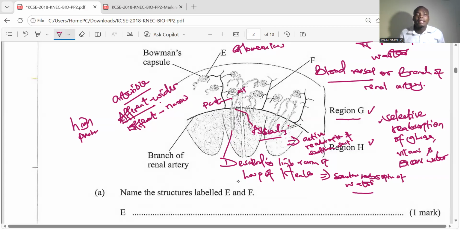So those are generally what is going to happen within this mammalian kidney. And then we have the collecting duct here at this region H. This collecting duct, what does it do? This is the duct I'm talking about, this hollow part. What it does, it also does what is called selective reabsorption of water.